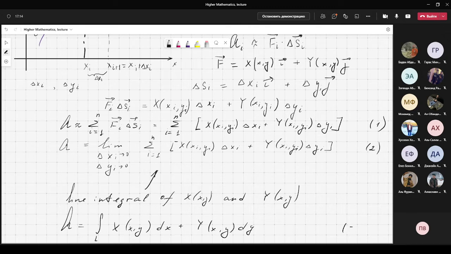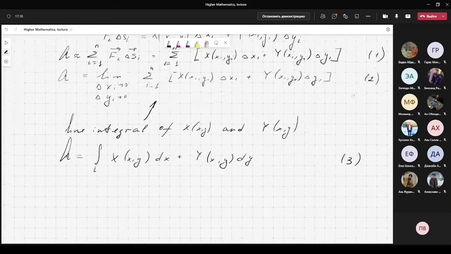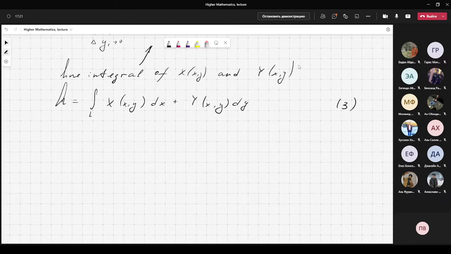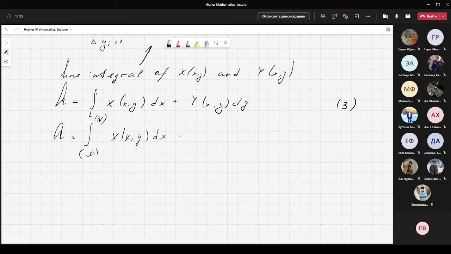Formula 3. Or A equals the integral from the point M to the point N of X of x y dx plus Y of x y dy. Formula 3 prime.